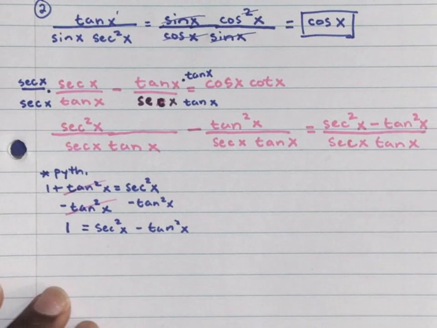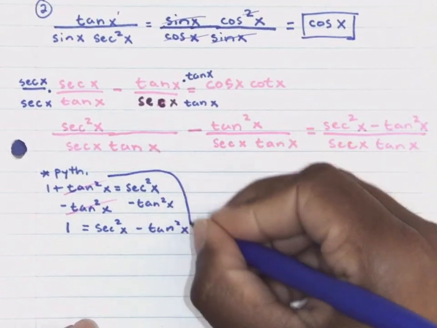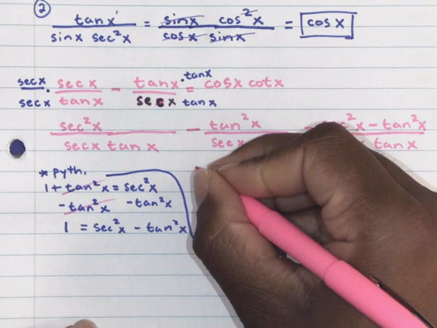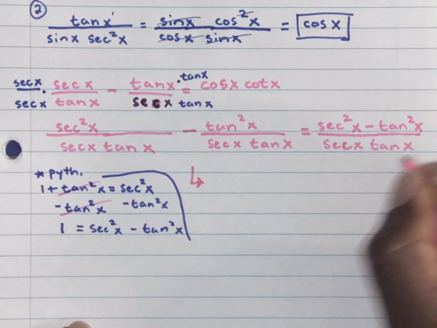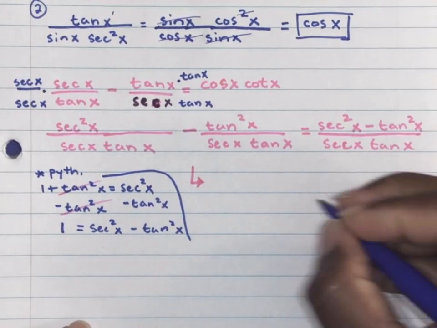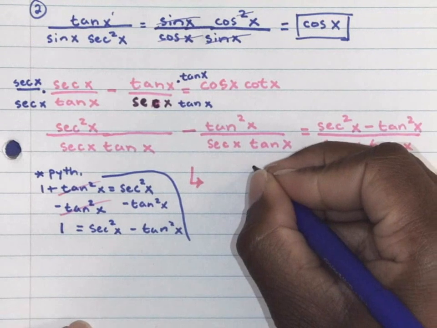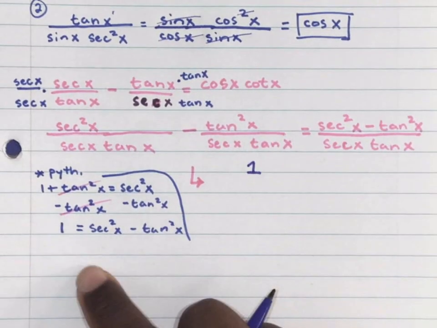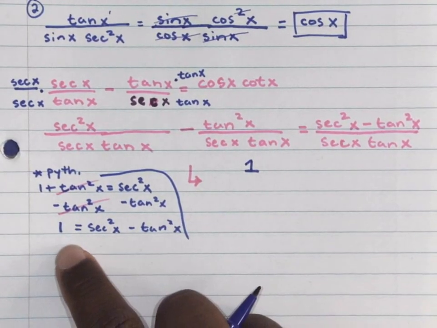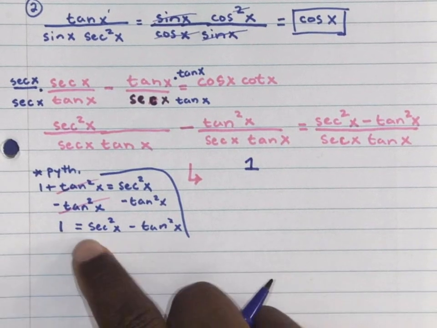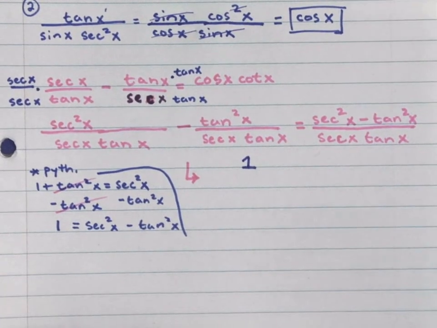So I can do substitution for that. So I'll pick back up with my problem. And now I will substitute that secant squared minus tangent squared to be just 1, because the identity shows me that secant squared minus tangent squared equals 1.